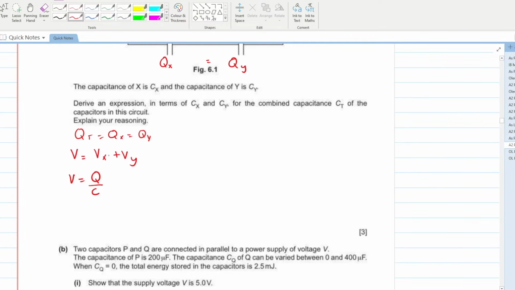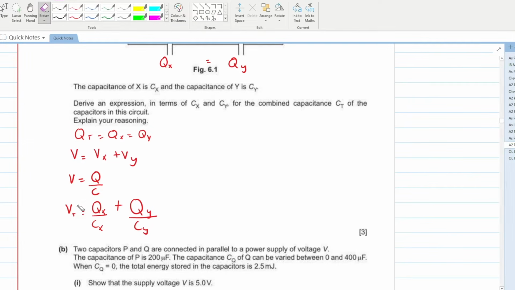So let's replace Vx and Vy with charge divided by capacitance. Total voltage is equal to charge on X divided by capacitance of X plus the charge on Y divided by capacitance of Y.